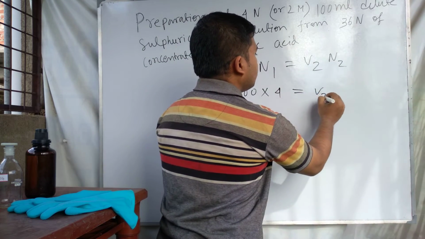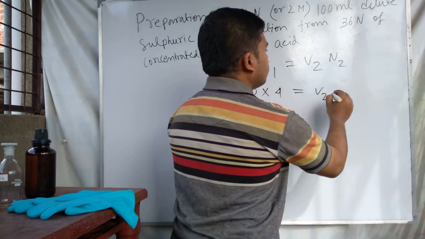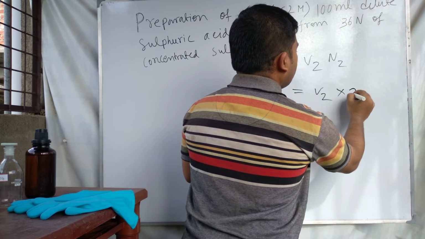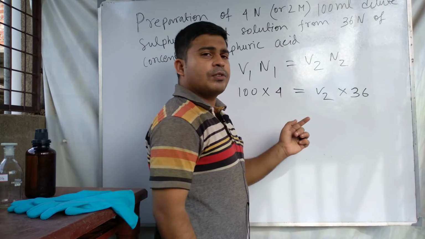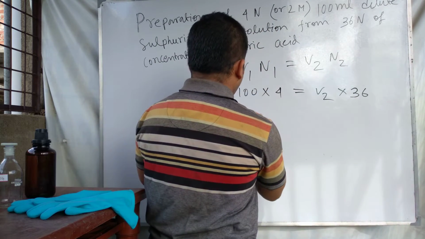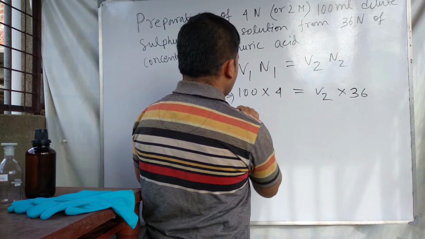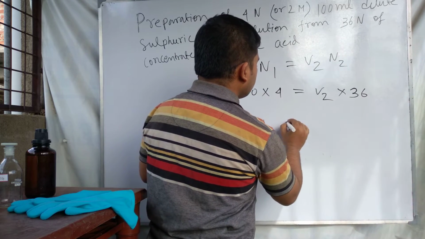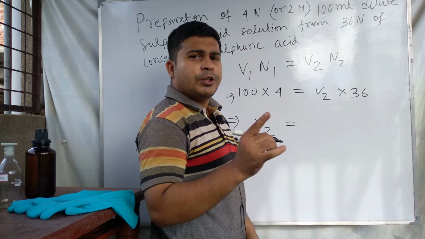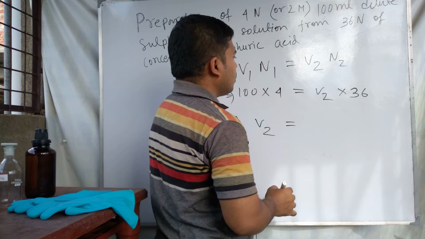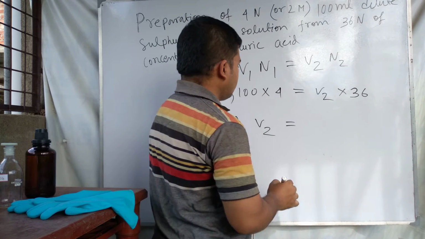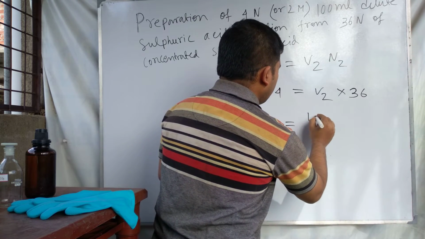So V2 is unknown, and N2, the normality of the concentrated sulfuric acid, is 36 normal. From this we can calculate the volume of the concentrated sulfuric acid required for making this dilute solution.